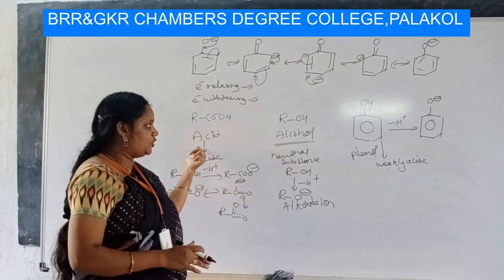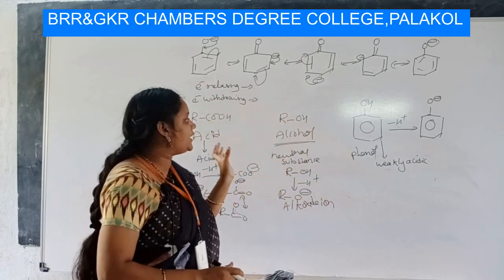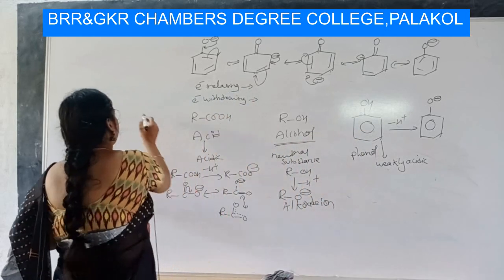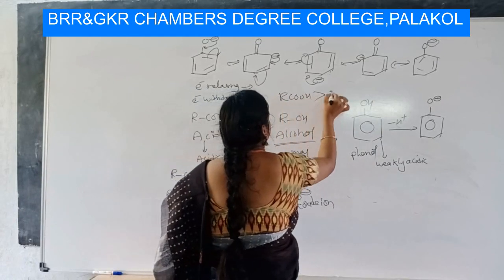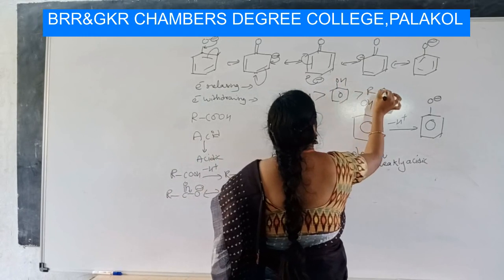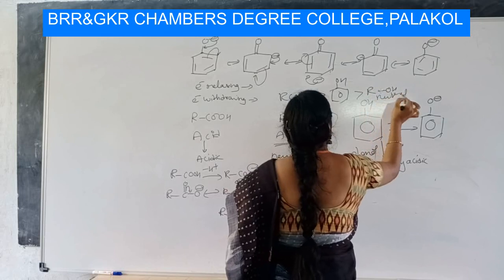Acid is more acidic, then phenol, finally alcohol. When you compare only alcohol and phenol, phenol is more acidic. So the acidity order is very important. Carboxylic acid is more acidic, next comes phenol, and finally alcohol, which is a neutral substance.